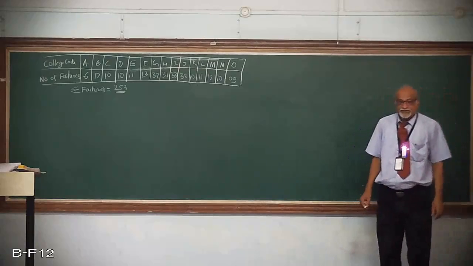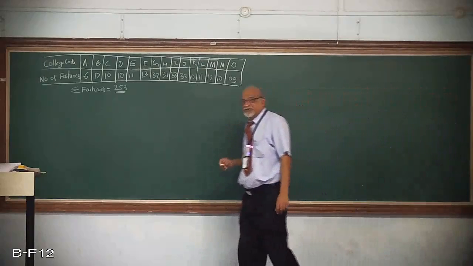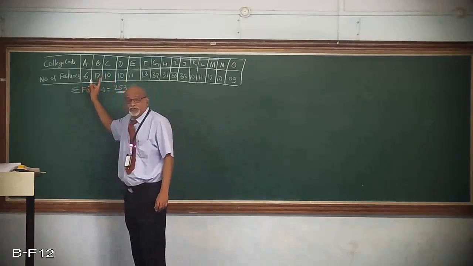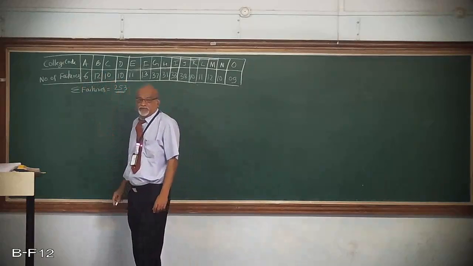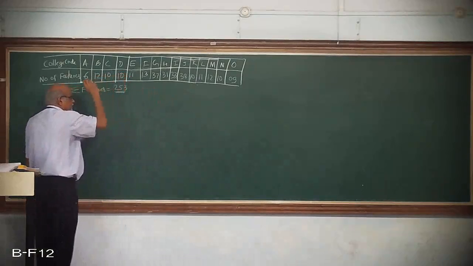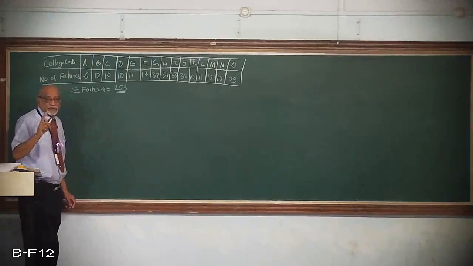Okay? So the sample size remains constant. Because what we are trying to find out is, per college, what should be the average value per college? The total number of colleges is 15. Hence, here we have the number of counts, failures, or number of defects.